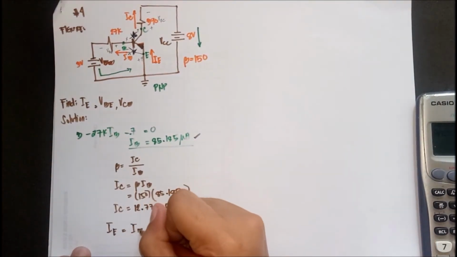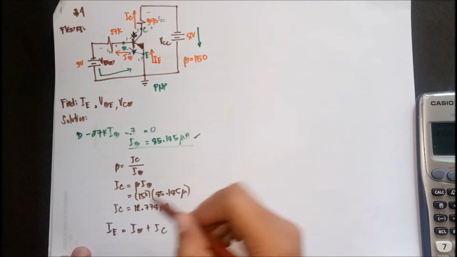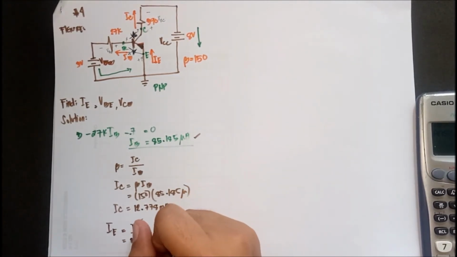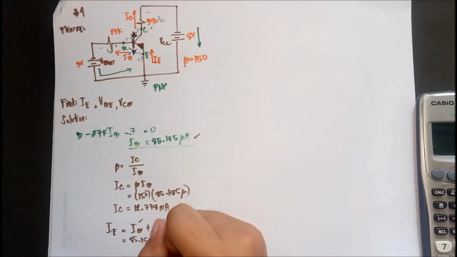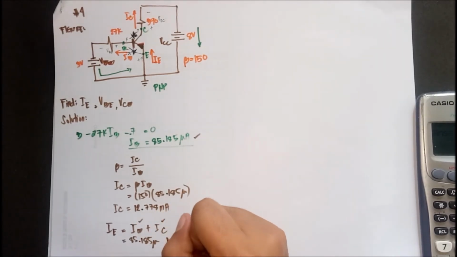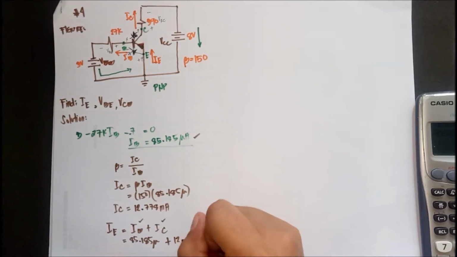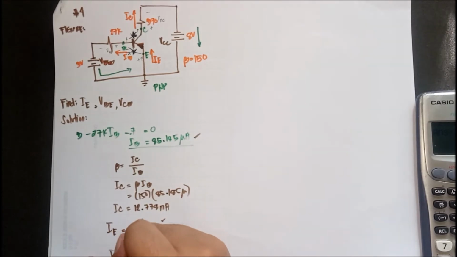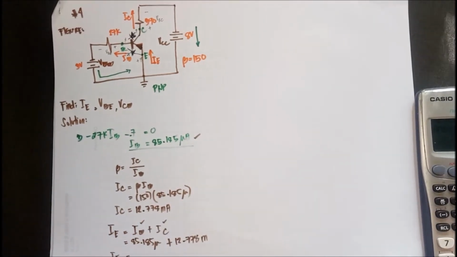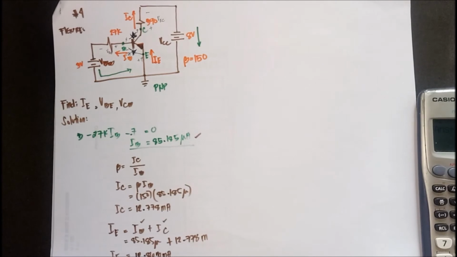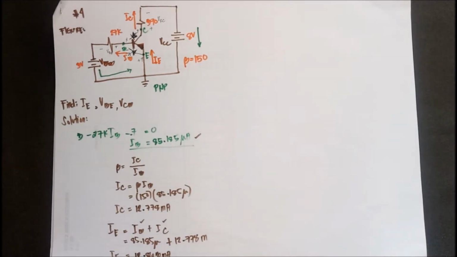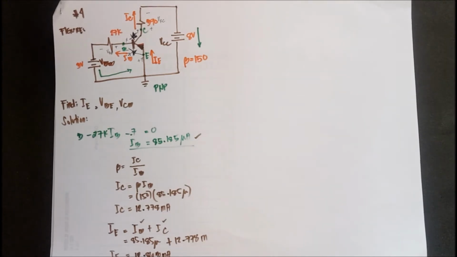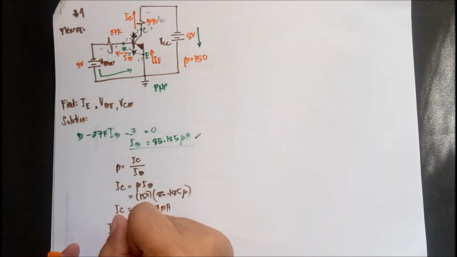So, IB plus IC, wherein given na naman silang lahat, or na-solve na natin, this is equal to 85.185 plus IC is equal to 12.778 milli. That's gonna give us IE, which is equal to 12.863 milliampere.